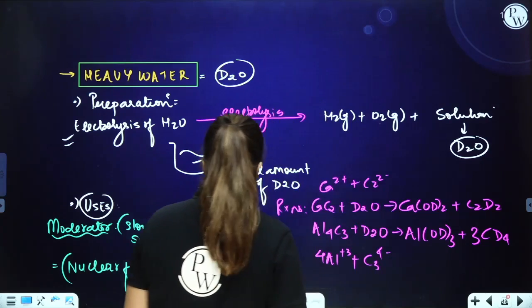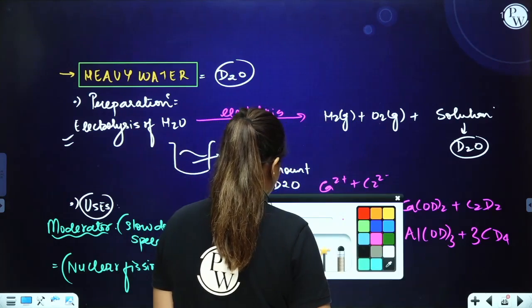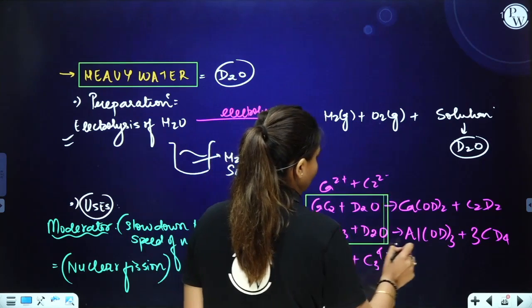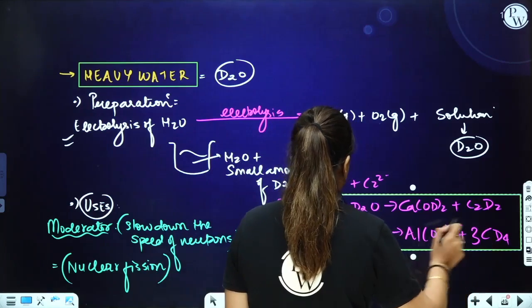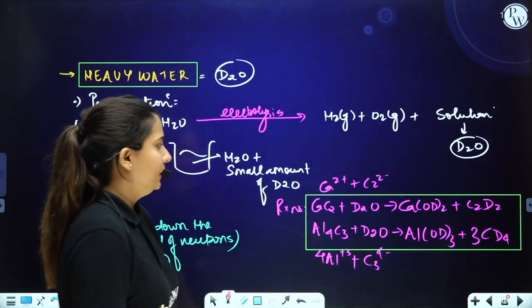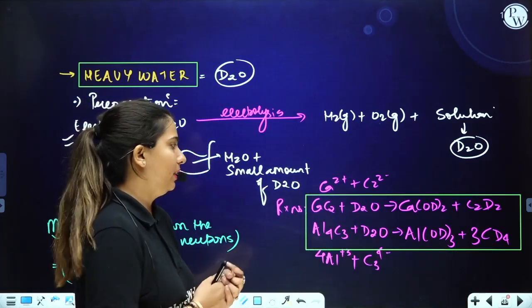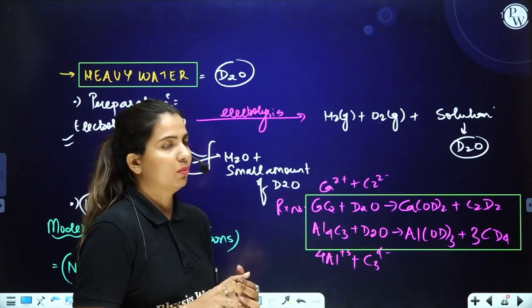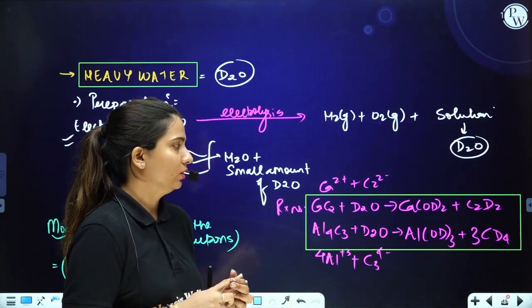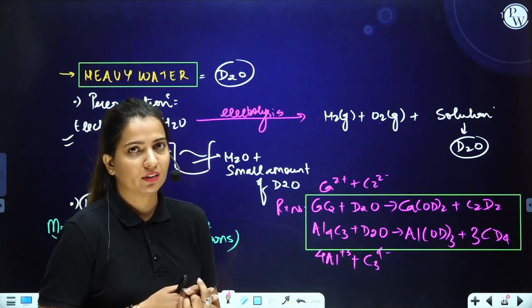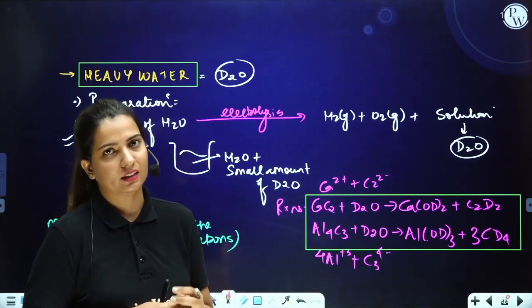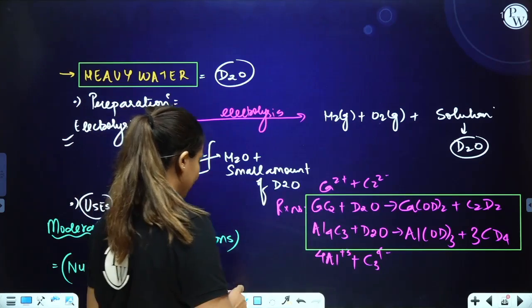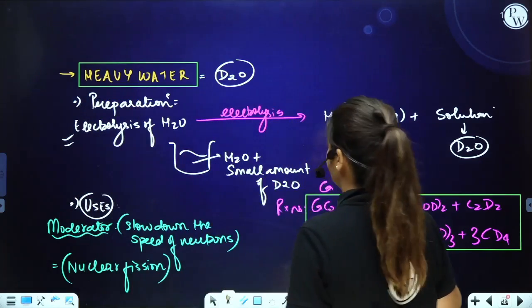So you should know what all products you are going to get during the reaction. CaC2 plus D2O, aluminium carbide plus D2O, give Ca(OD)2, Al(OD)3, with C2D2 as one of the products and CD4 as the other product. Okay, so remember this very nicely.